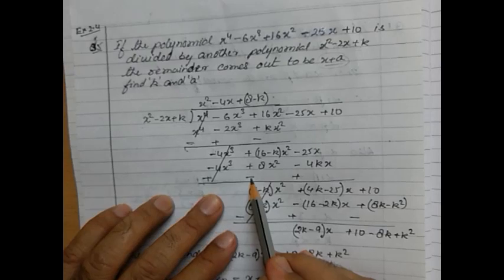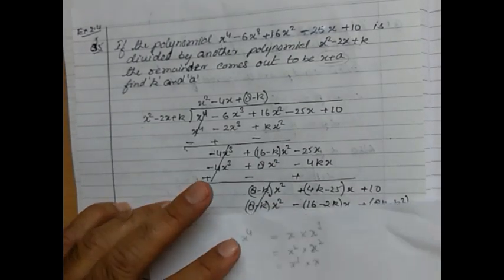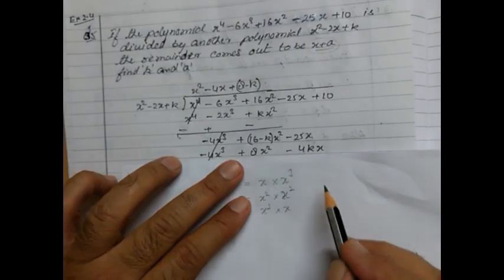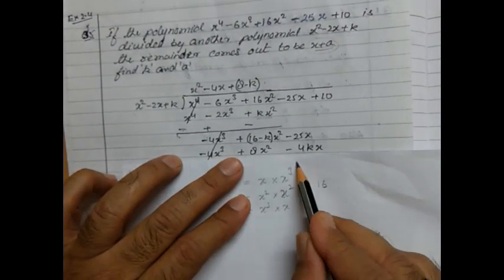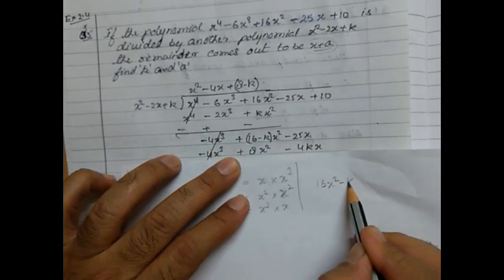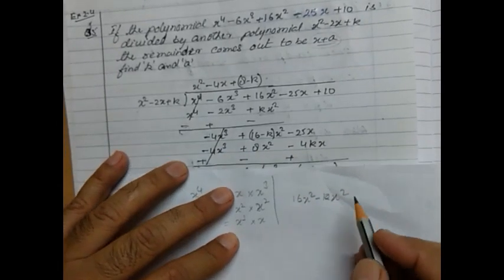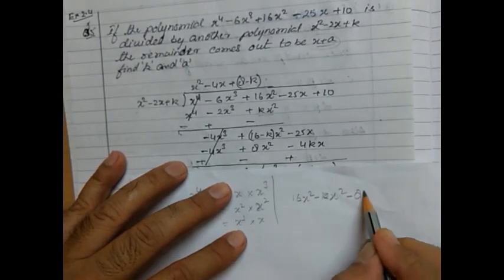Now when we do the subtraction, we need to open this bracket. We will do it this way, that is 16x square minus kx square minus 8x square.